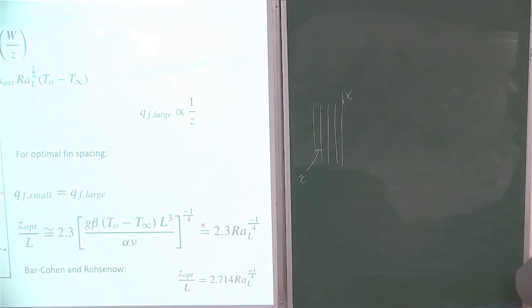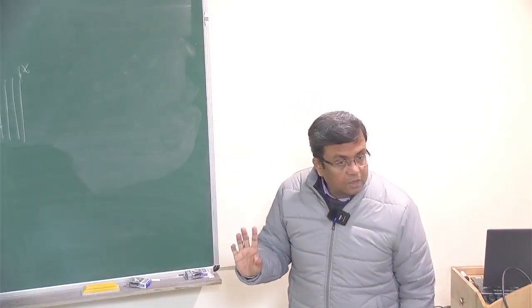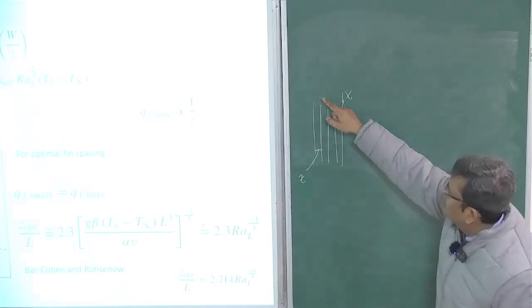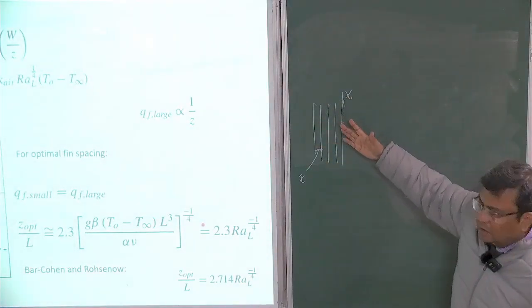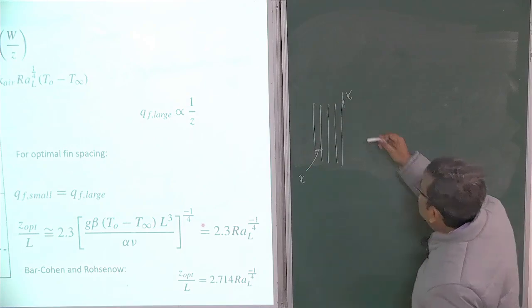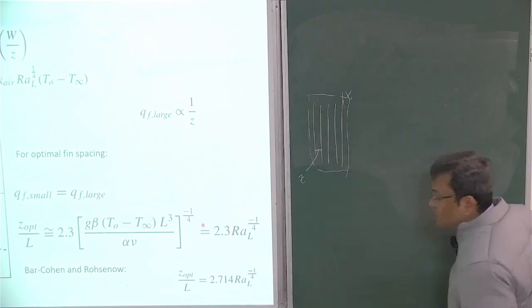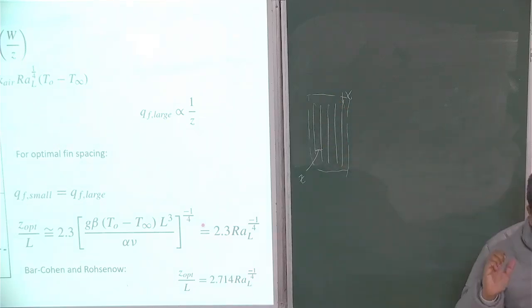If you make z small, then you have more number of fins, okay? Because this is some area on the wall. Let's say this is your heated surface, and this is some area on the wall on which you are allowed to place fins.